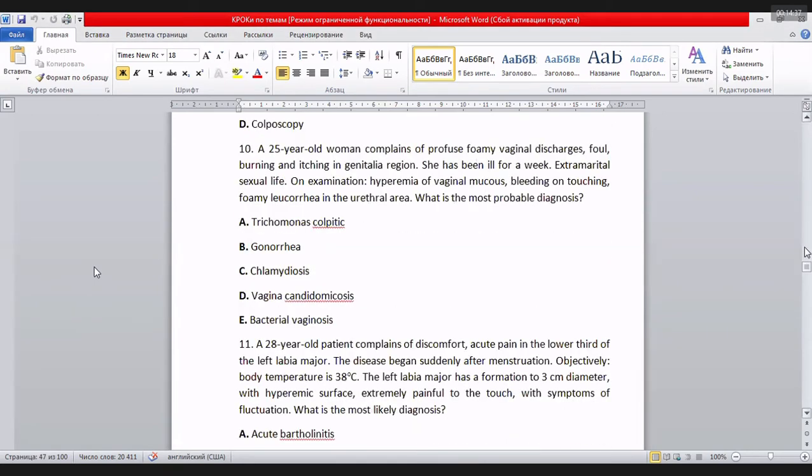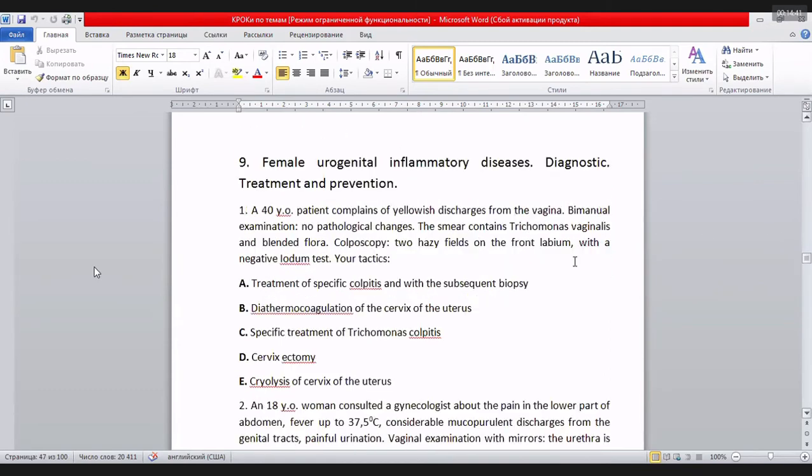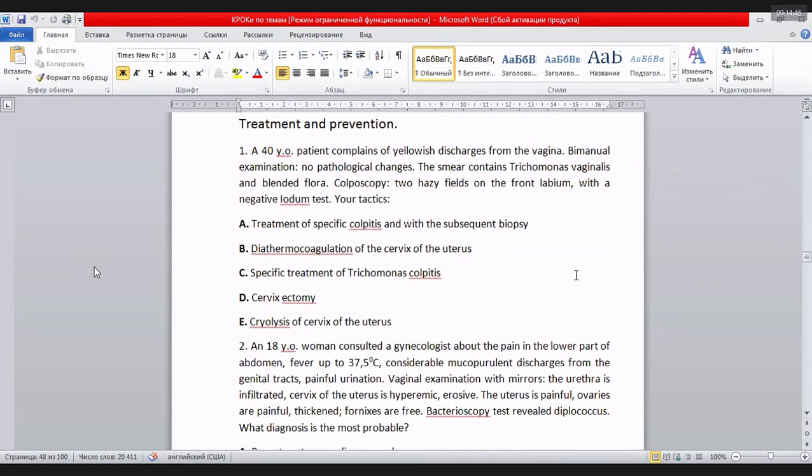Guys, we miss the topic of female urogenital inflammatory diseases and their diagnostic and treatment. Now we have time for this. If our time finishes, we finish our classes, and you know that on Monday we will begin at 10 o'clock because we have a meeting on the department and I have no opportunity to be with you.